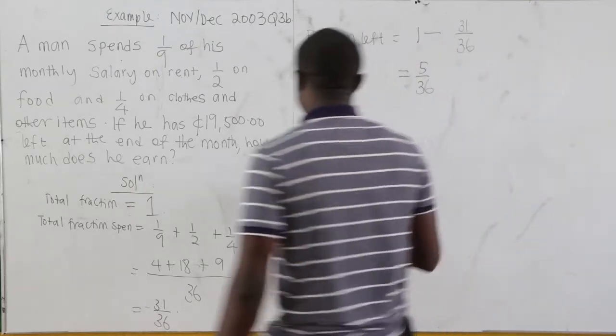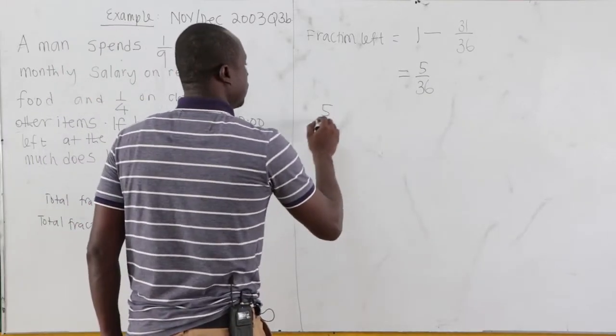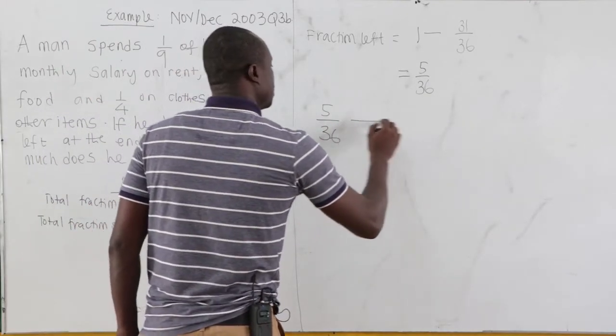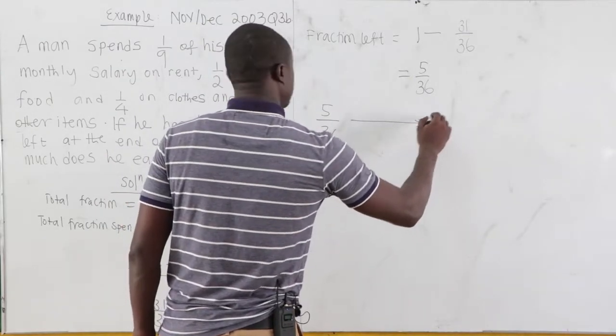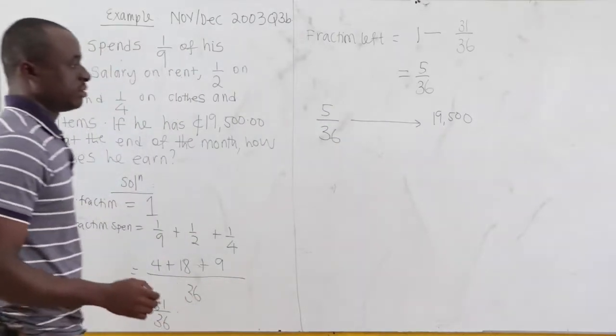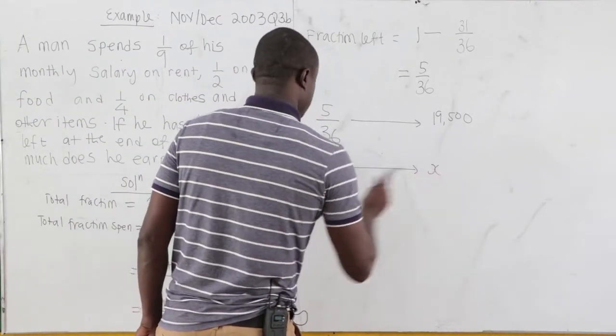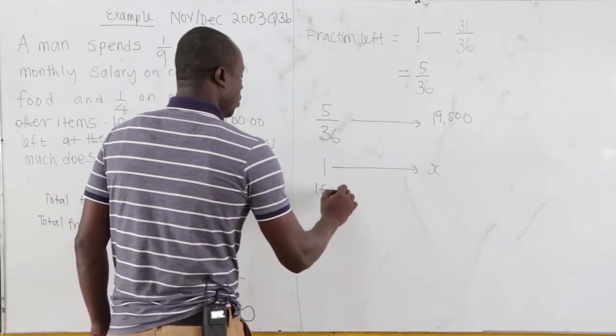Now, the fraction left will correspond to the amount left. So 5 over 36 maps onto 19,500, and then 1 whole maps onto x.